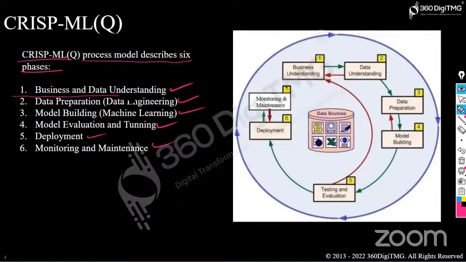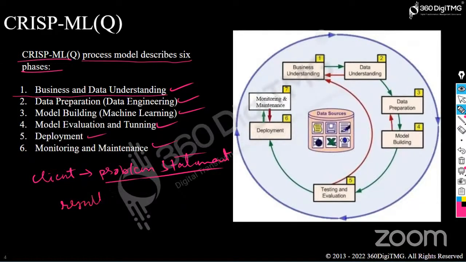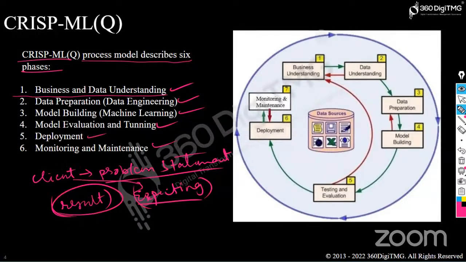What is business understanding and data understanding? When there is a client, you will be getting a problem statement from them and perform activities on that and get the result. So the client is expecting a particular solution when there is a problem statement.